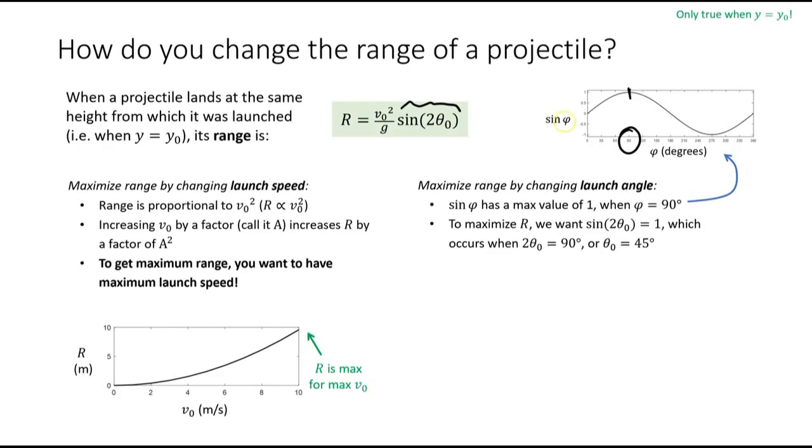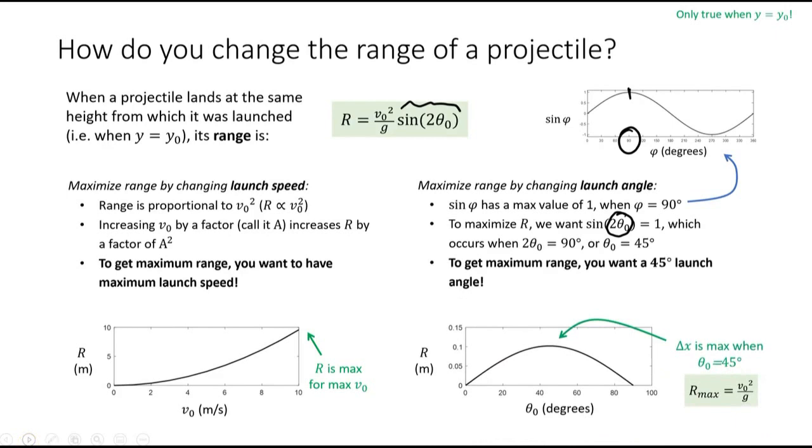We learned that the sine of phi was maximized for phi equal to 90 degrees, so the entire argument of that sine function is going to be 90 degrees to get that maximum value of sine equal to 1. And so we want 2 times theta naught to be equal to 90 degrees, or in other words, we want our launch angle theta naught to be 45 degrees to give us a maximum range for our projectile. Okay, and so here we can plot range as a function of theta naught, and you can see that yes, in fact, you do get the maximum range when your launch angle is 45 degrees.